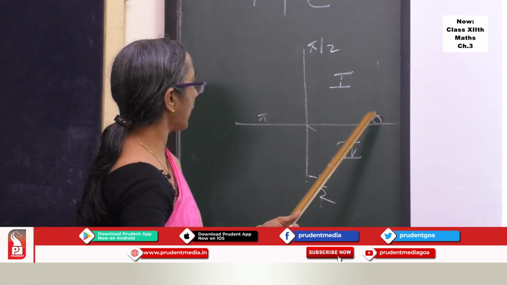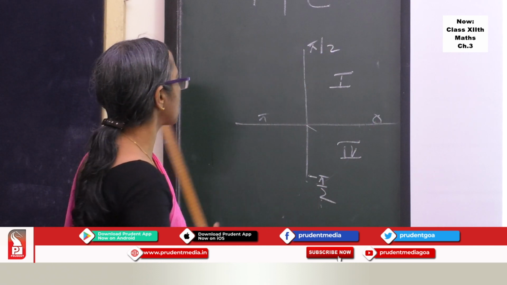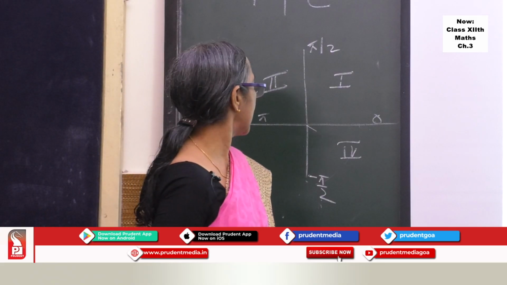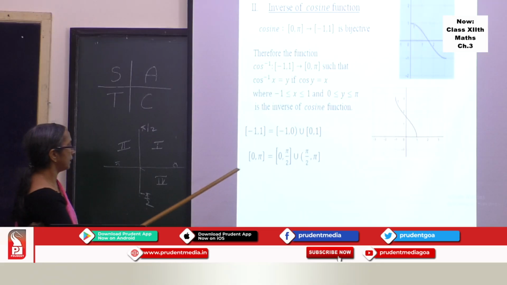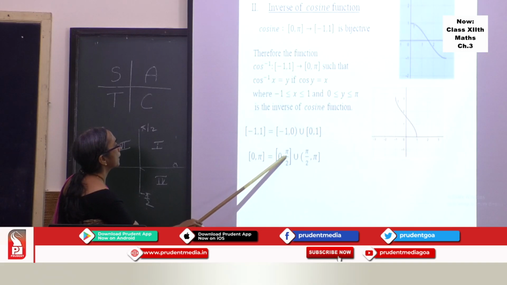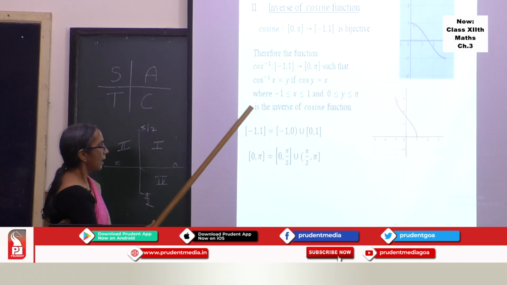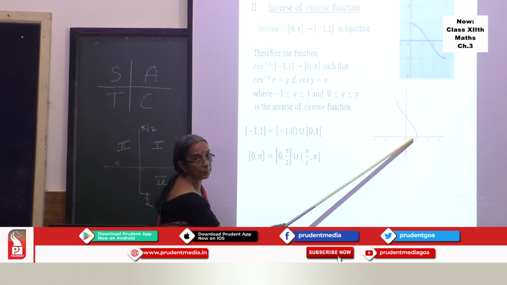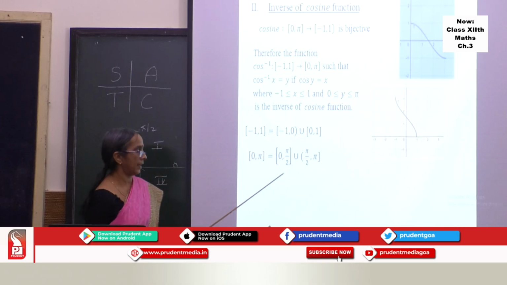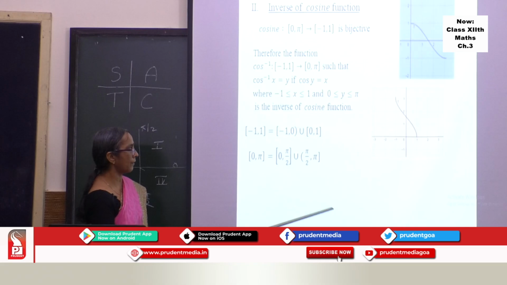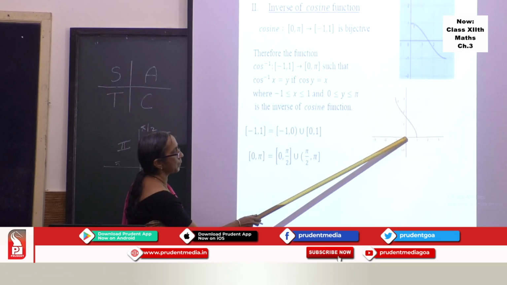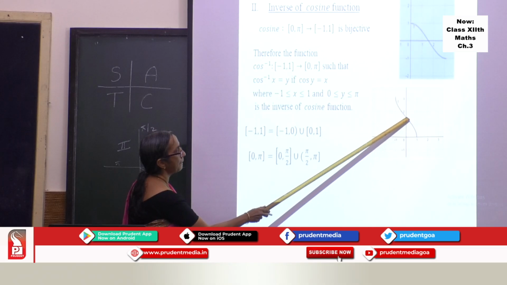0 to pi by 2 is an angle in the first quadrant, pi by 2 to pi is an angle in the second quadrant. Now, when you take cos inverse of a value between 0 and 1, you can see its y value lies between 0 and pi by 2.